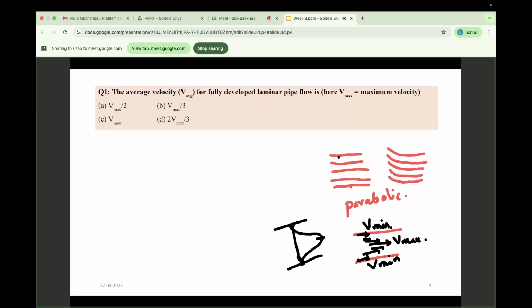Also, the flow is steady; it doesn't change with time. And how do you get to know whether it's a laminar flow or not? You can easily understand that if you go through some YouTube or animation video.